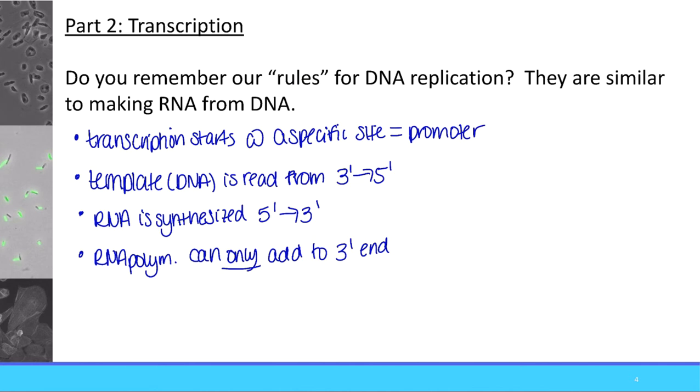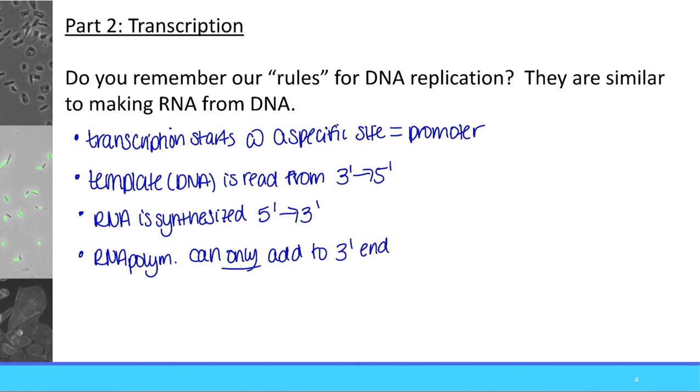In transcription, this can happen at any point of the cell cycle, and the goal is, usually at the very end, to have a protein made. So in transcription, we are reading DNA and making RNA. Because we are making RNA, we are using an RNA polymerase.